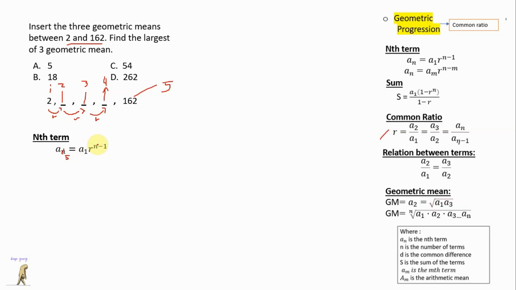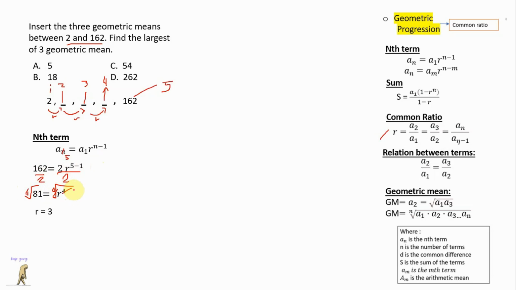The a sub 5 that we have is 162, as you can see here, and a sub 1 is 2. Then we are finding the ratio, and the power that we have is 5 minus 1. Then we simplify them. 5 minus 1 is 4, and then we divide both sides by 2. That's why it becomes 81. So we just need to take the fourth root of both sides in order for us to cancel the raised to 4 here.